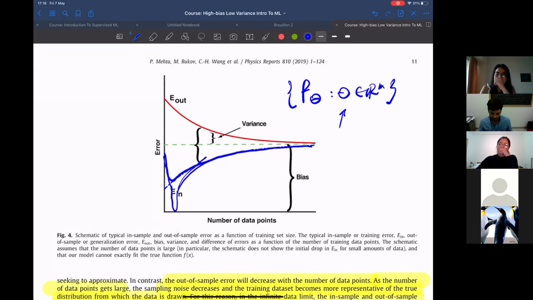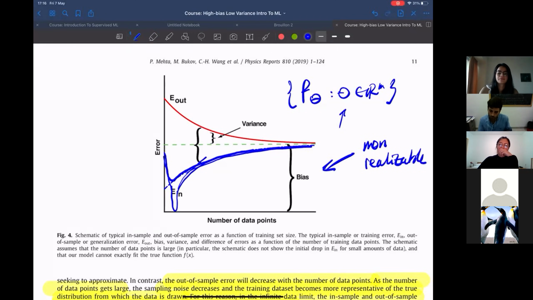But then this increase is due to what? So you are increasing the number of data points, and what happens is that you start to see the limits of your model. In the sense that this plot is in a case that I called non-realizable.